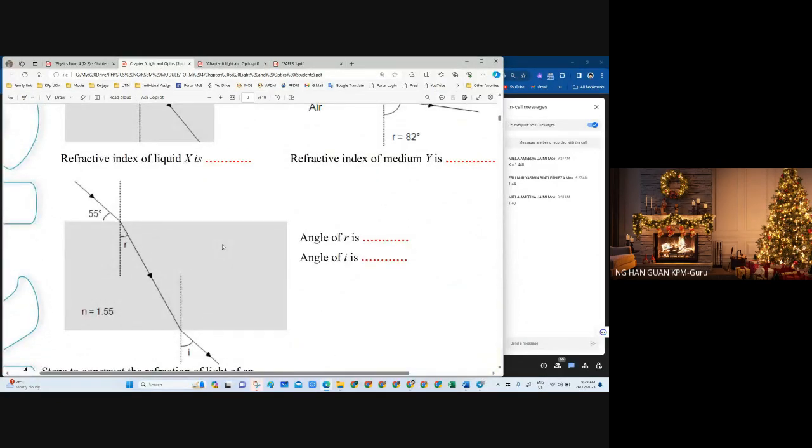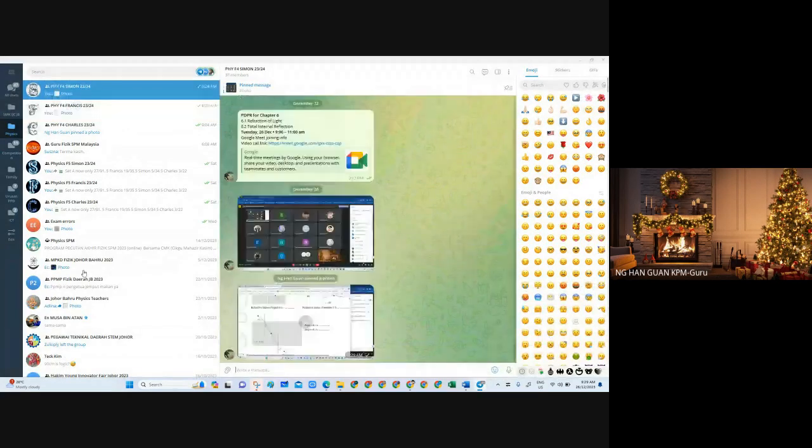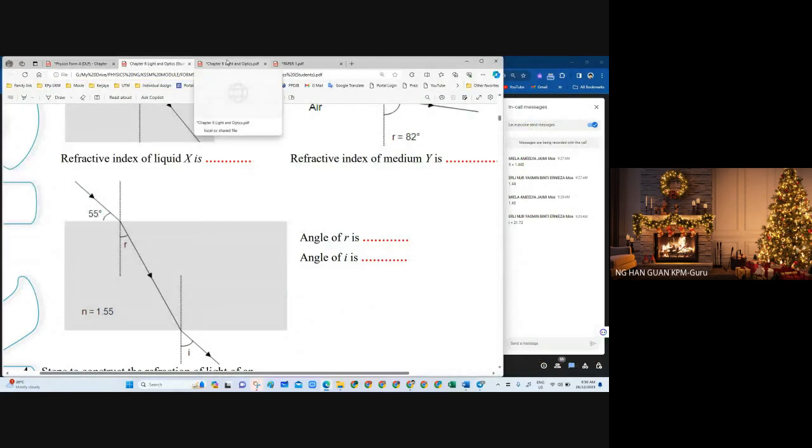Okay, so the next one, angle r, angle i. Given that the medium refractive index is 1.55, the light travels from air into the medium, and from the medium into air again. So the angle of r is what? 21.72.